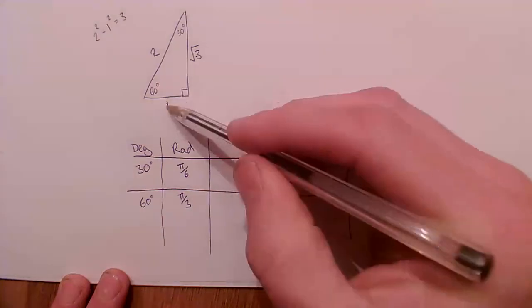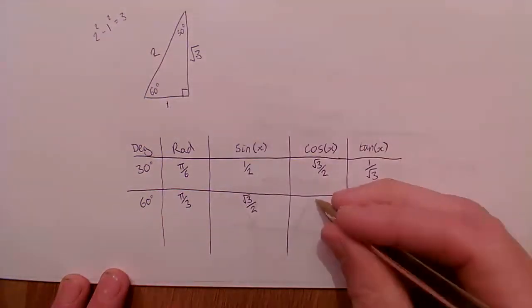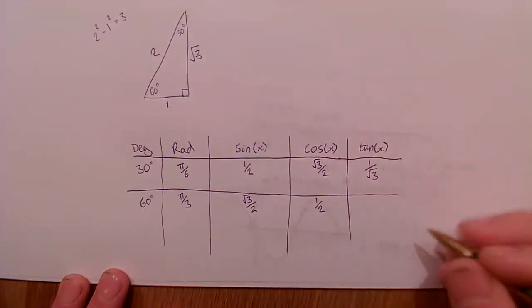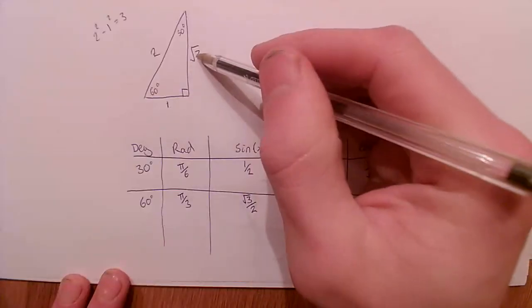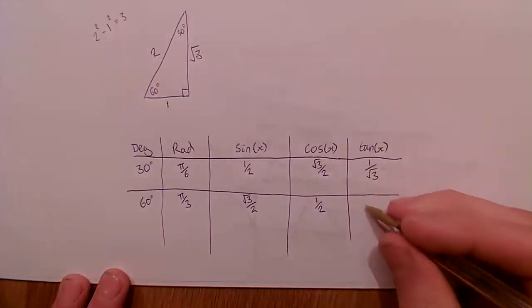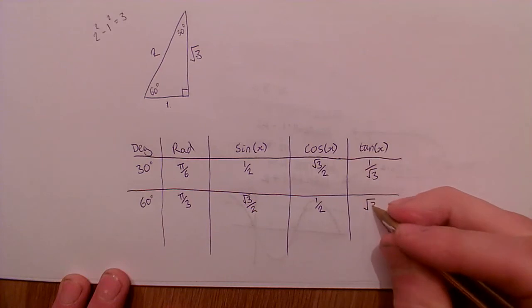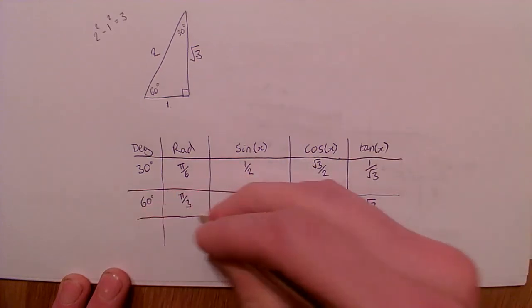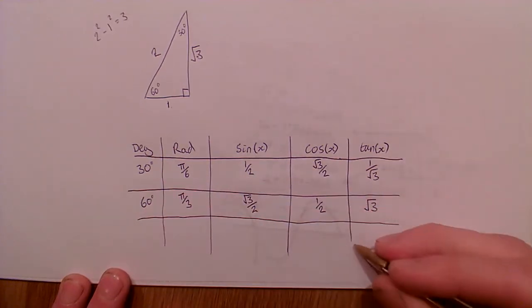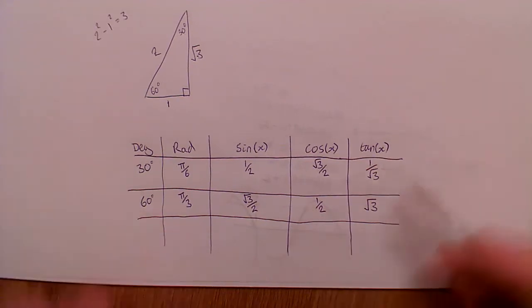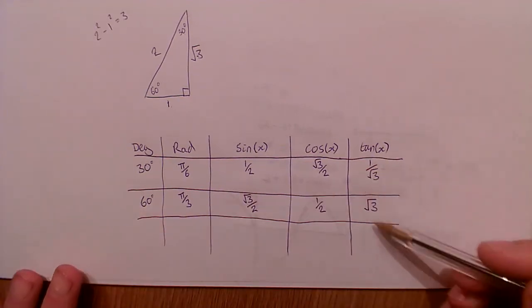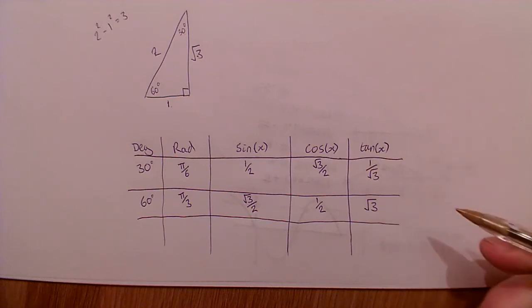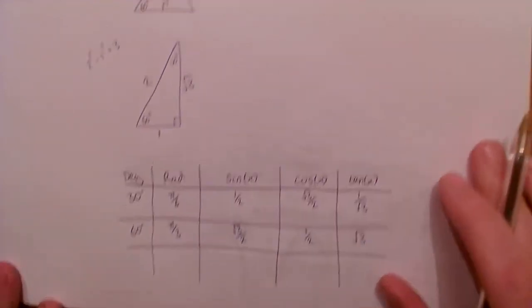Cos of 60 is adjacent over hypotenuse, so that's 1 over 2. Tan of 60 is opposite over adjacent, which is root 3 over 1, or just root 3. And so we have two rows in our table. These are really key values to be clear on.